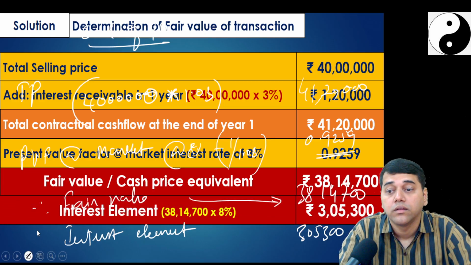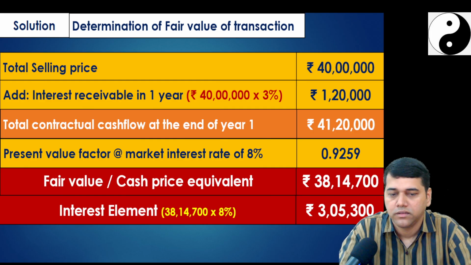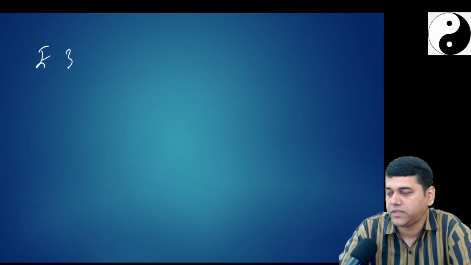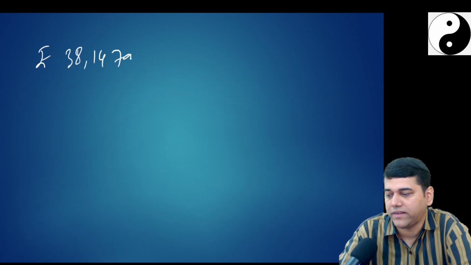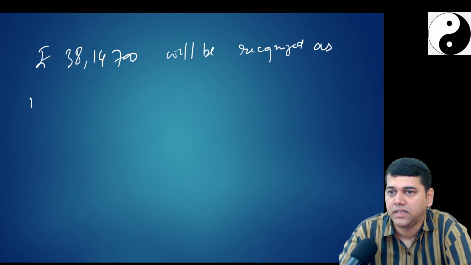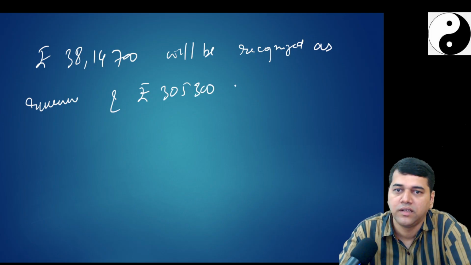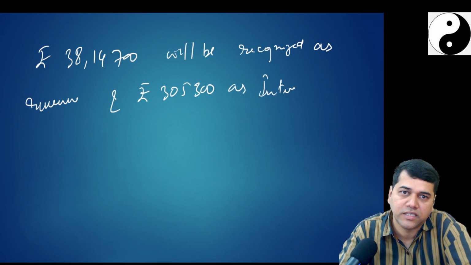Therefore, rupees 38 lakhs 14,700 will be recognized as revenue, and rupees 3 lakh 5,300 as interest income.